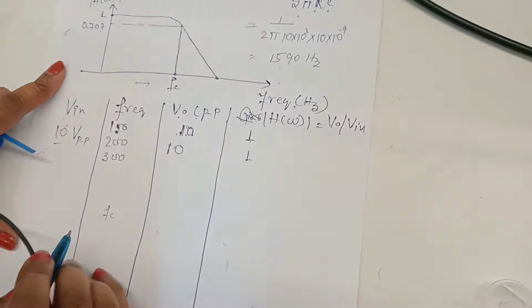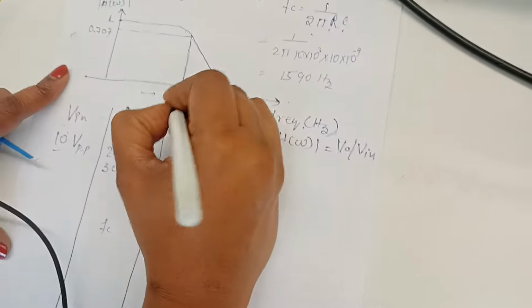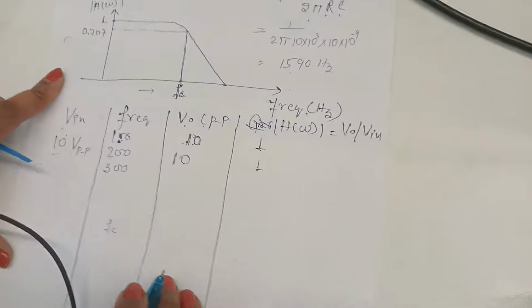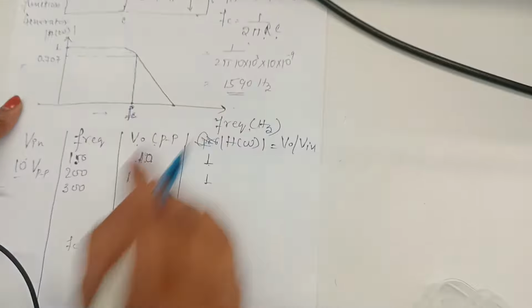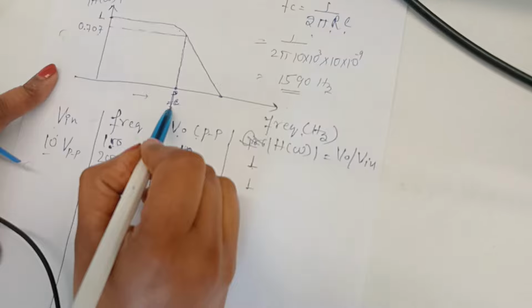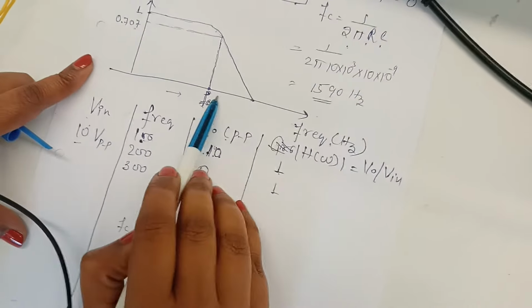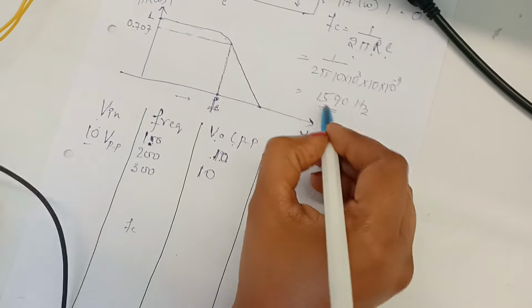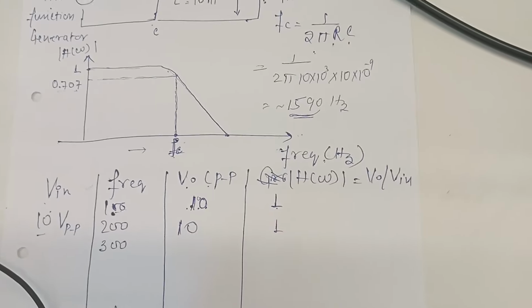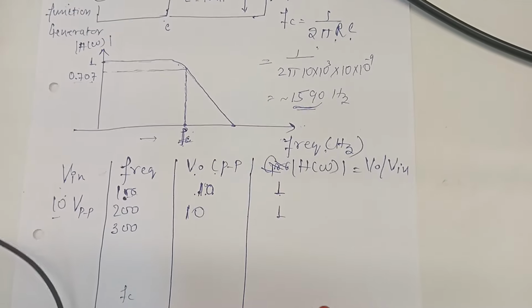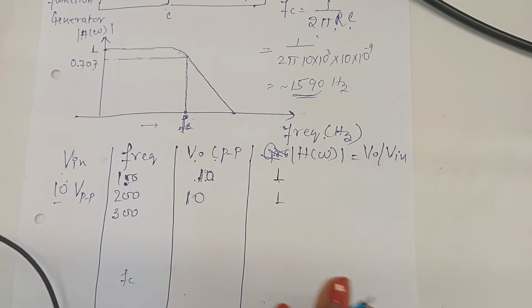Now wherever this vertical line meets, this is my observed critical frequency. This was my calculated critical frequency. This is my observed critical frequency. Now this observed critical frequency should come out to be nearly equal to 1590 Hertz. There will be slight error, but error should be below 10%.